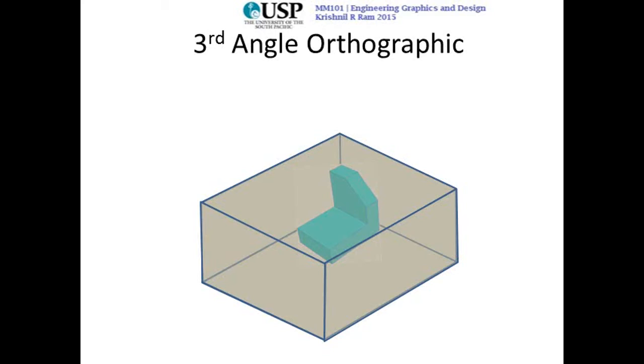Now in third angle orthographic projection, the rule is very simple. The plane that you're viewing from is the plane on which the view will go. So if you're viewing it from the front, your view will be made on that plane itself. So we say we draw on the nearest plane.